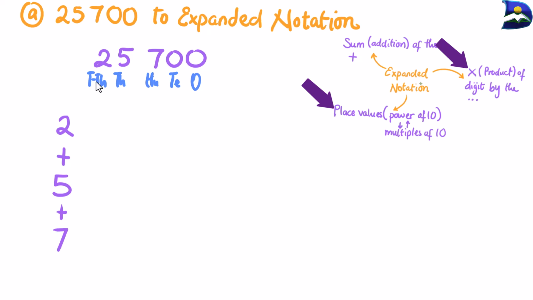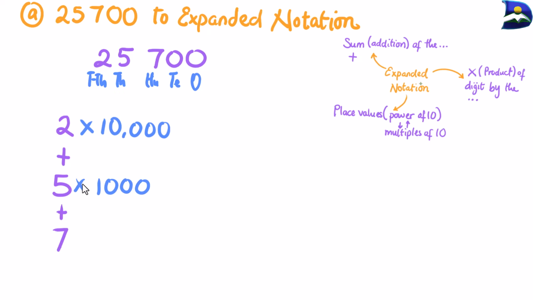For 2, we have 10,000s, and so we are going to write times what? Times 10,000. And next, we have our 5, which is under the thousands, and we're going to write it as 5 times 1,000. And finally, for our 7, which is under hundreds, we're going to put times 100 next to our 7.